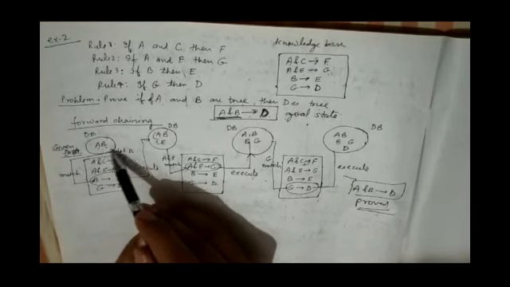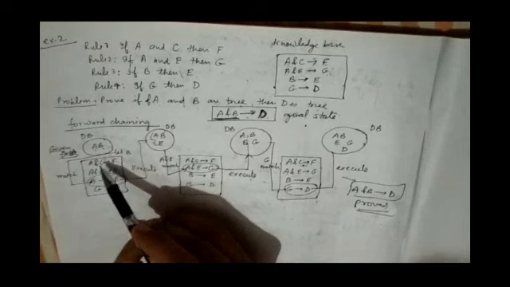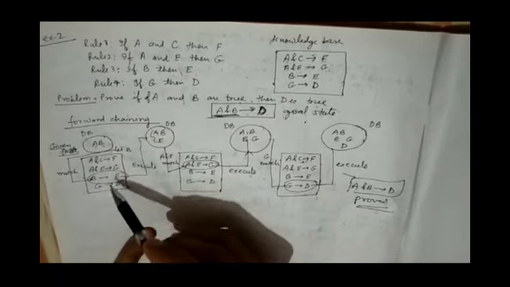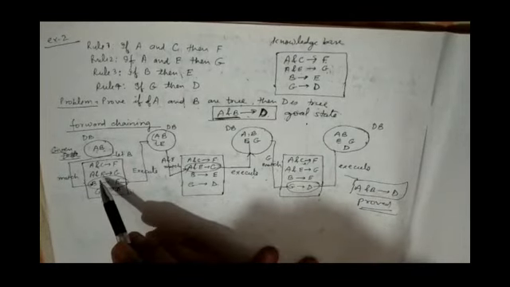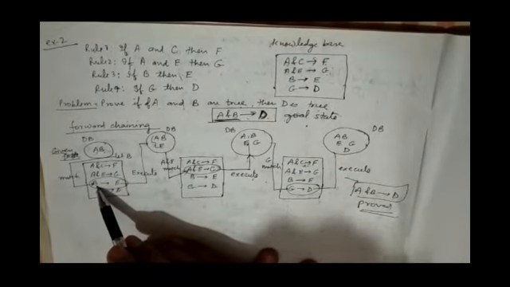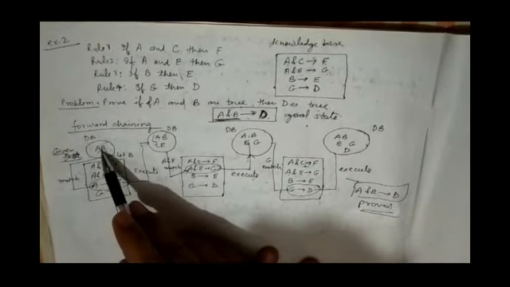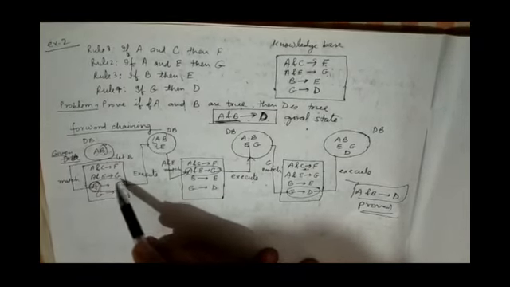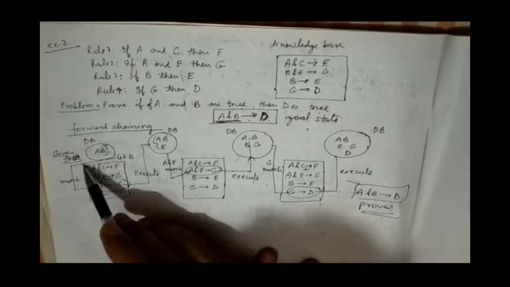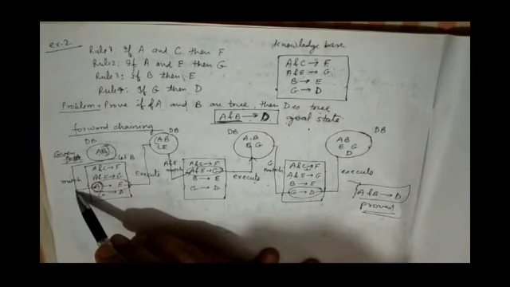Just see, both of these two facts are present on the left hand side of some inference rules in our knowledge base. There is only one rule here with B on the left hand side, so this rule is matching with our database.